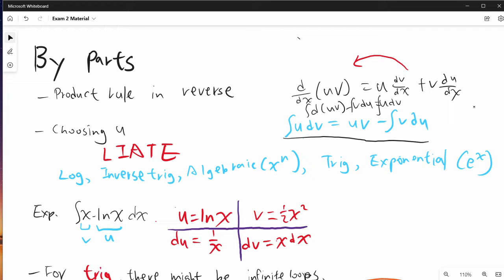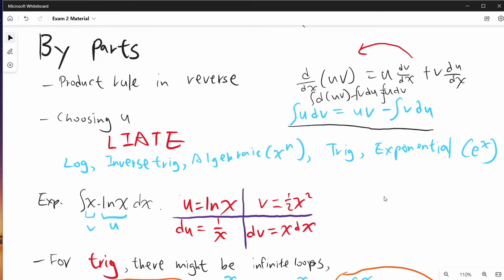It's pretty simple to memorize: the integral of u dv equals uv minus the integral of v du. So it's the product of each, minus. The minus is pretty important here. It's the integration in reverse, and it's u dv, right?